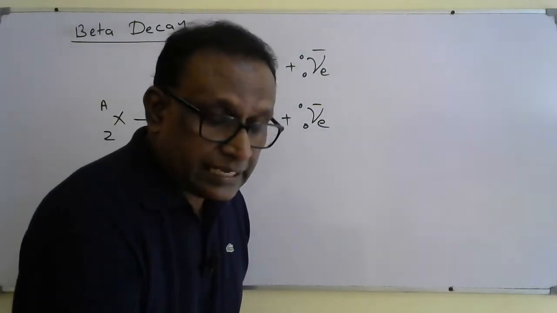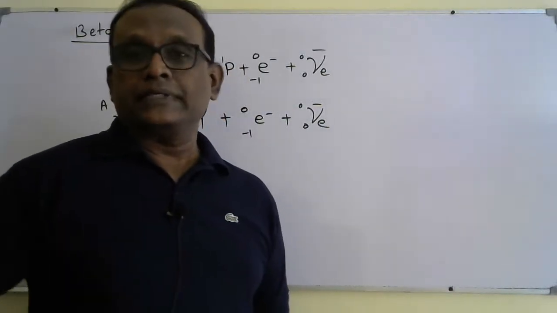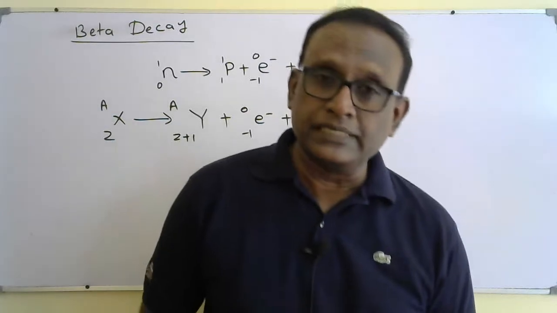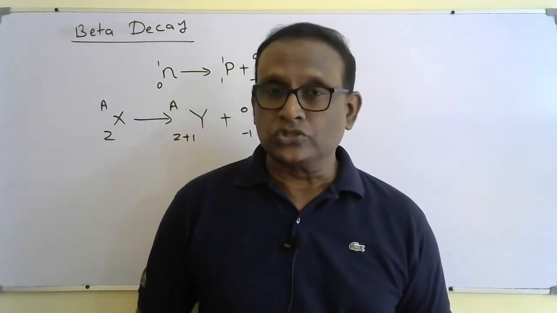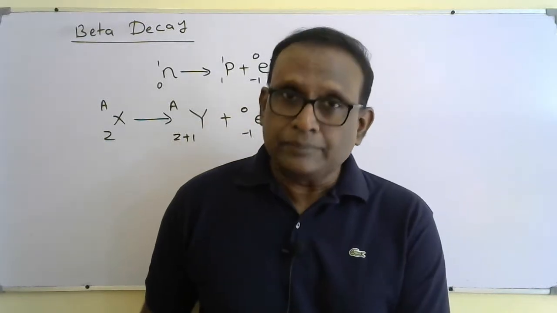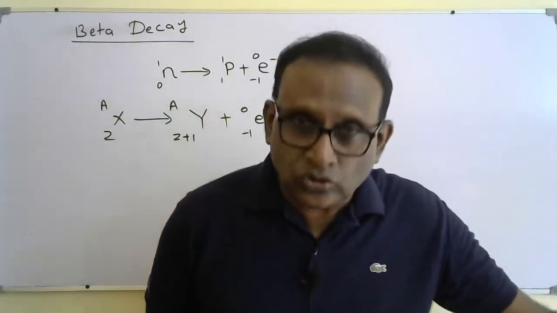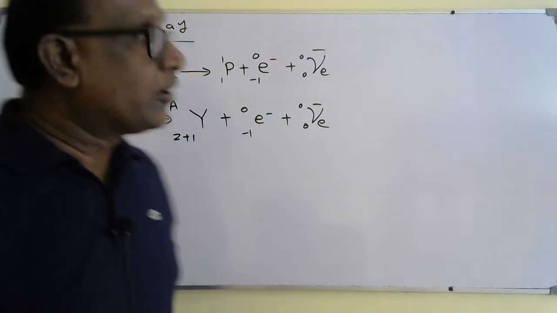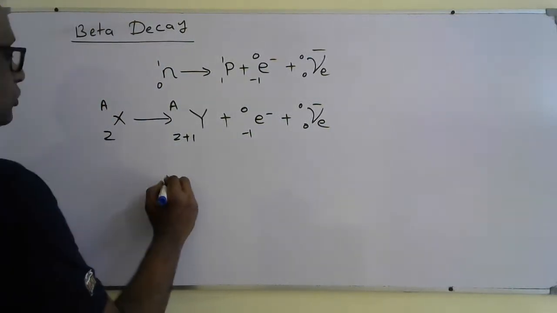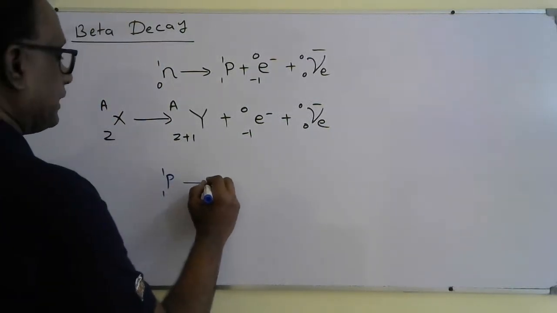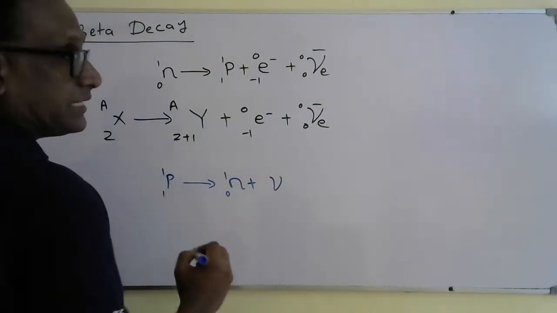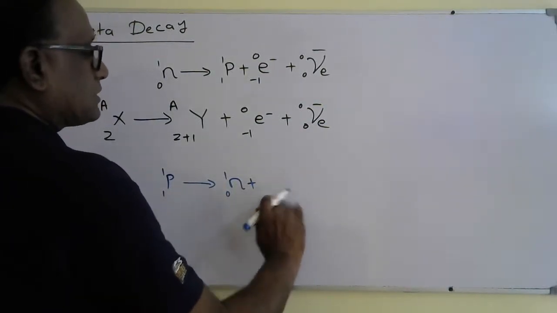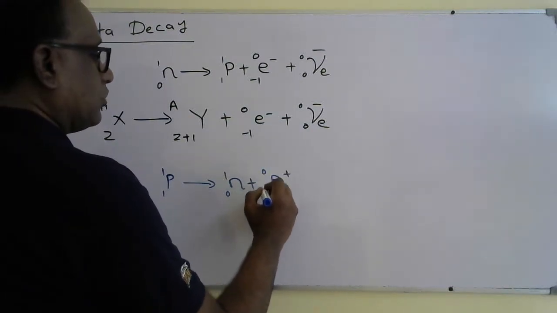In the same way, emission of a positron happens when the number of protons is more than the number of neutrons. A proton breaks up into a neutron and throws away the positron. So in beta plus, a proton (1,1) breaks up into a neutron (1,0) and a positron (0,+1).